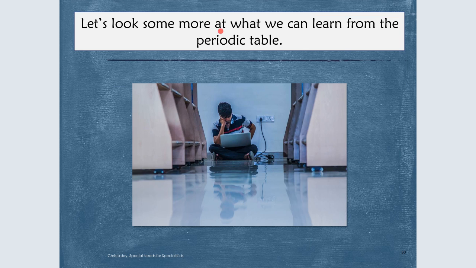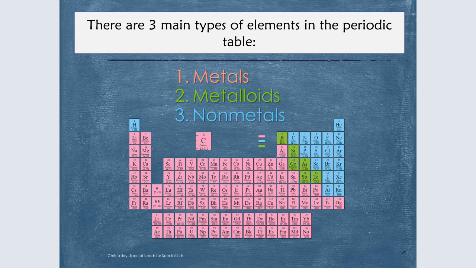Let's look at some things that we can learn from the periodic table. There are three main types of elements in the periodic table. So in the pink are the metals. So you can see that hydrogen is not a metal, but all these right here are metals. Okay, so that's the majority.